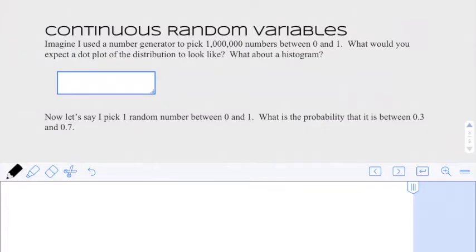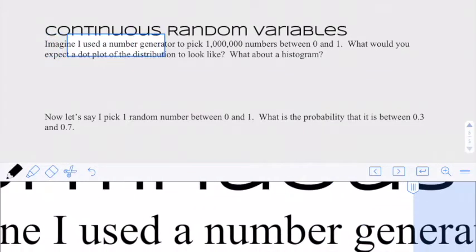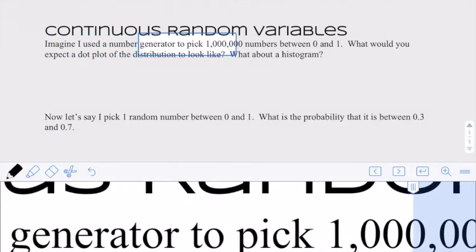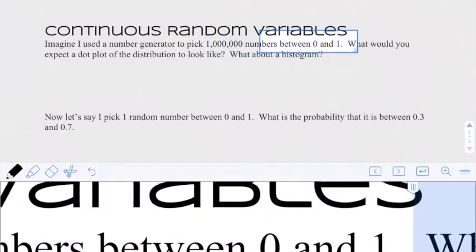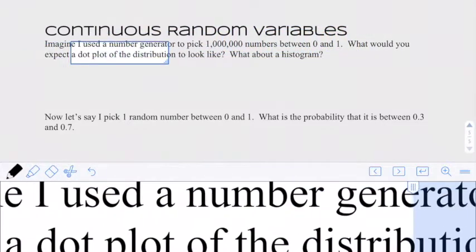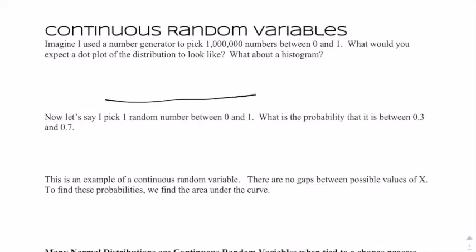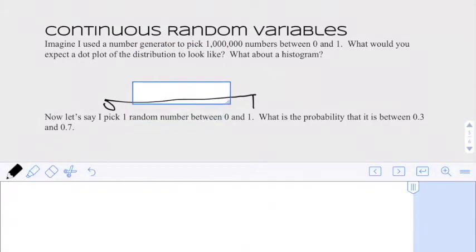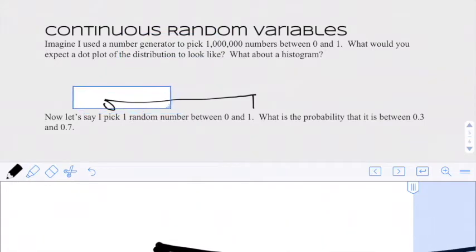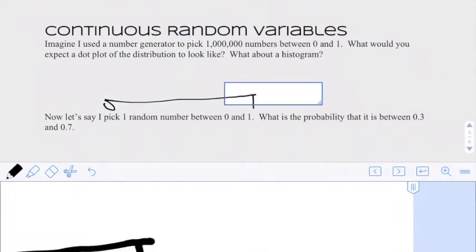Continuous random variables. Imagine I used a number generator to pick 1,000,000 numbers between 0 and 1. So what would you expect a dot plot of the distribution to look like? Remember that if we had a number between 0 and 1, there's infinitely many numbers between those two.